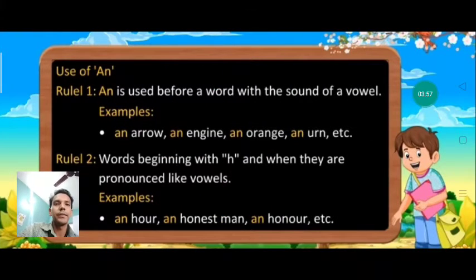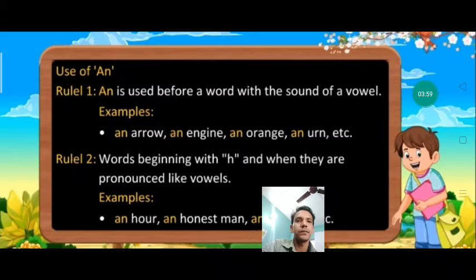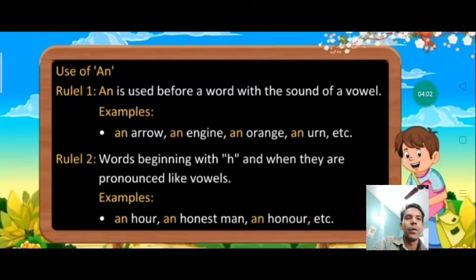Use of an, rule 2: words beginning with H when they are pronounced like vowels. Example: an hour, an honest man, an honor, etc. See children, many words in English have silent letters, which are present in the word but we are not pronouncing them.